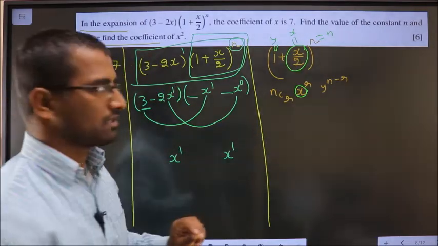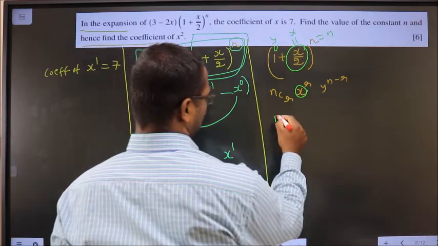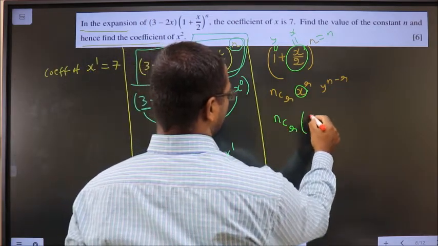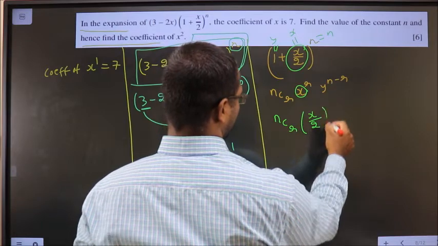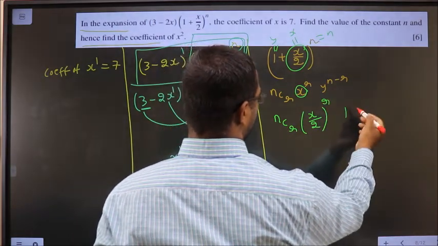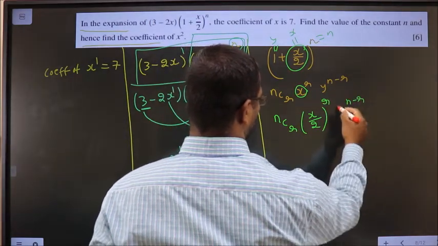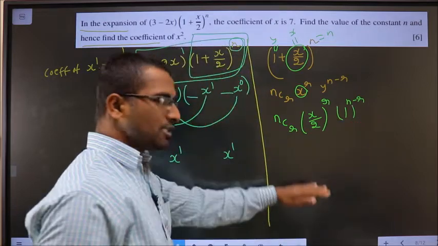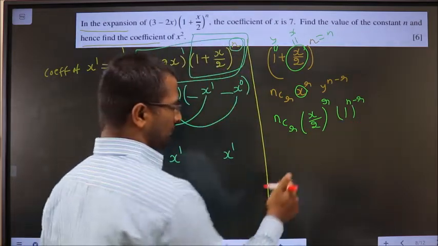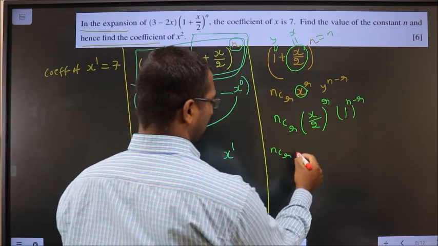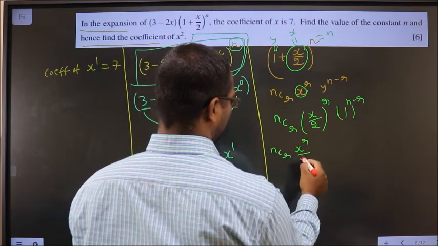Replace them in this. So that is nCr, in place of x it is x by 2, in place of y it is 1. Simplify this to the maximum extent. So this is nCr x power r by 2 power r.